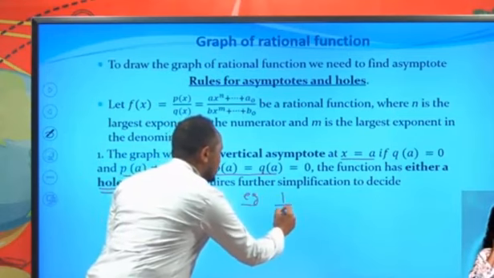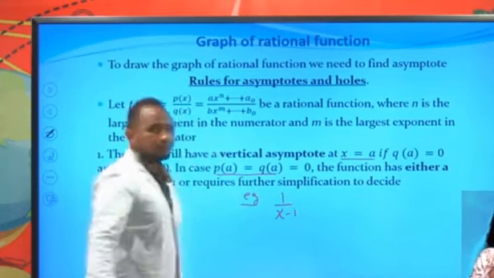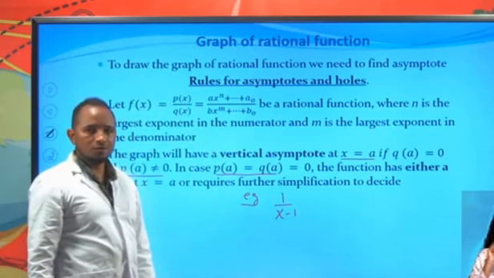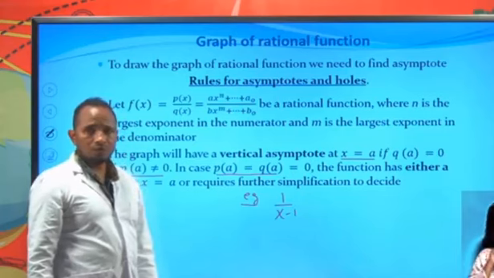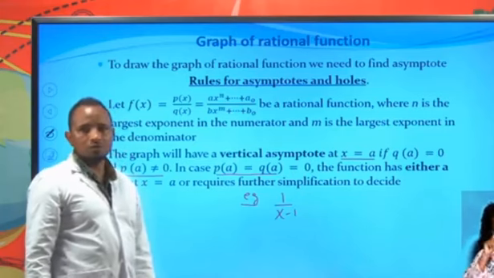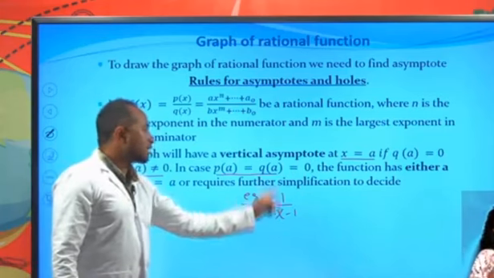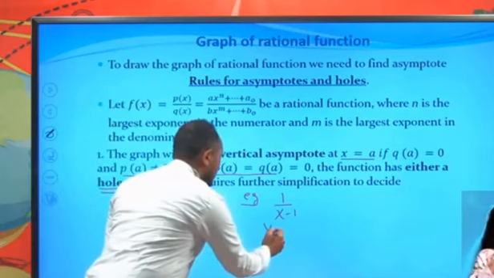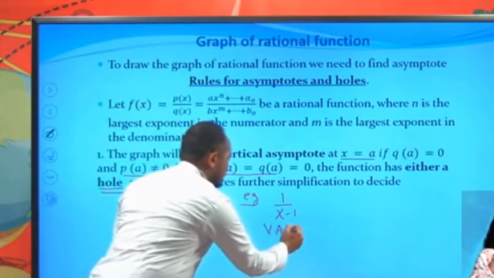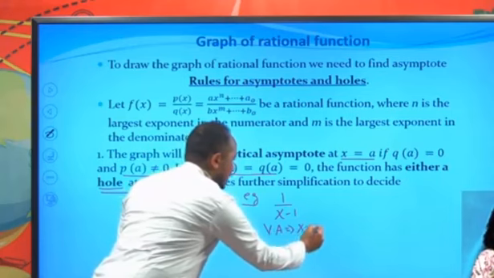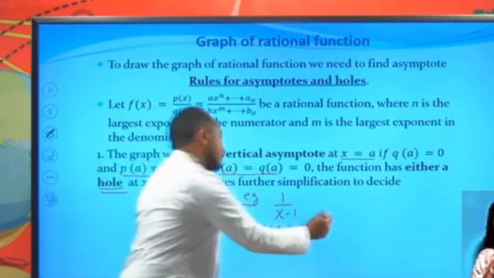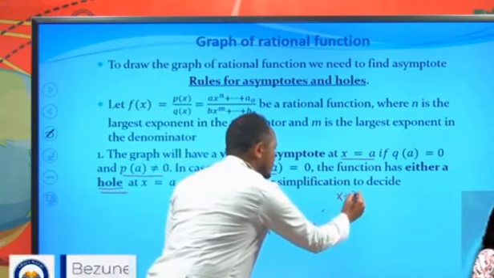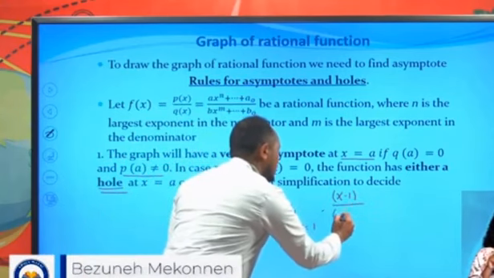So we decide whether it has a vertical asymptote or a hole at this point by further simplification. Further simplifying this, you have 1 over x minus 1. Therefore, for this case, 1 makes the denominator 0 but cannot make the numerator 0. In this case, the graph has a vertical asymptote at x equals 1. This is what this sentence says.